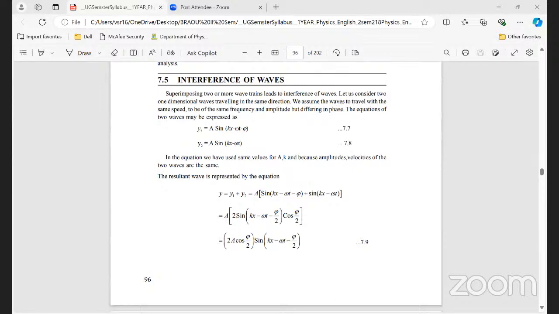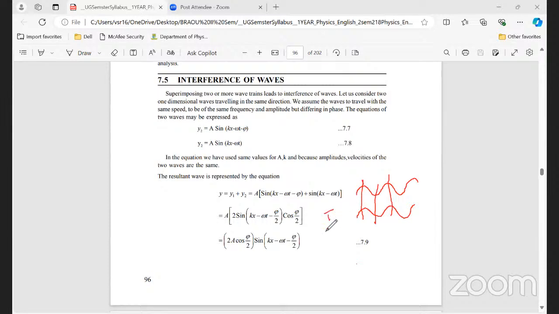In phase means it goes on continuously and its frequency does not change. The crest and trough match here.